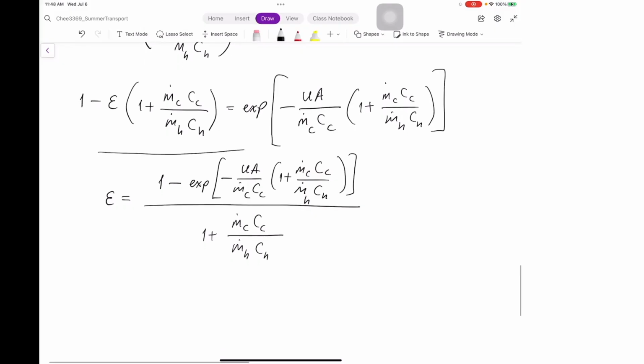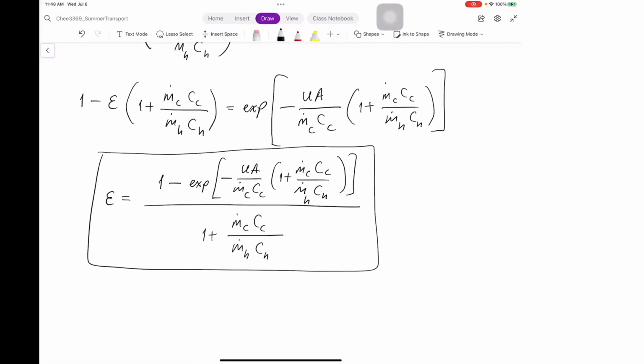Right? So this is nice because we have found the epsilon by not needing any temperatures, by not knowing about the temperatures. So basically, you have another equation that relates the temperatures to each other.